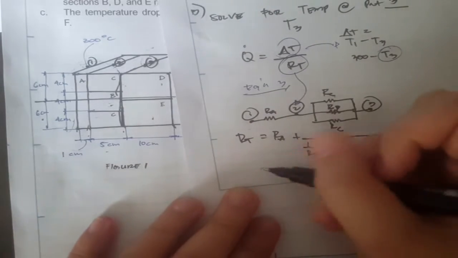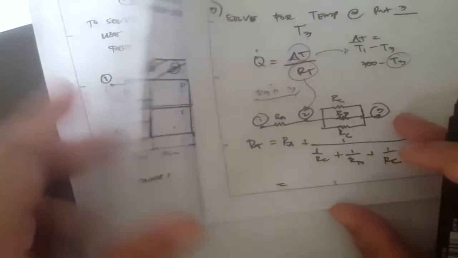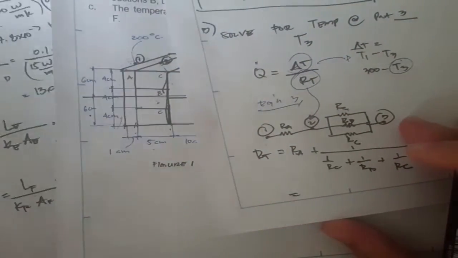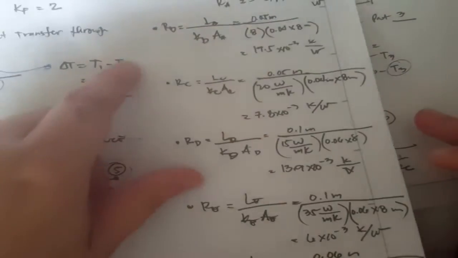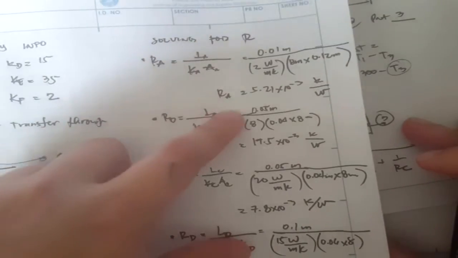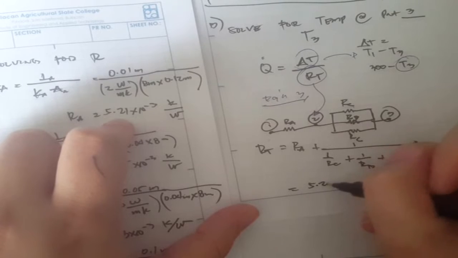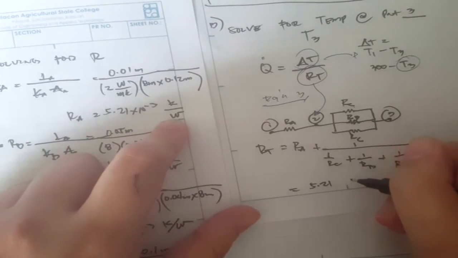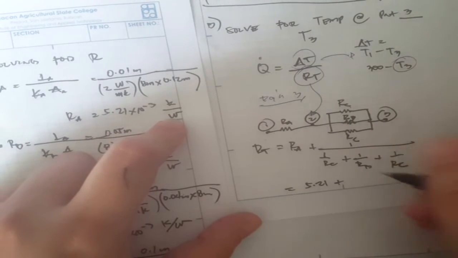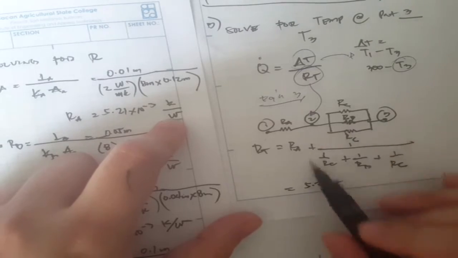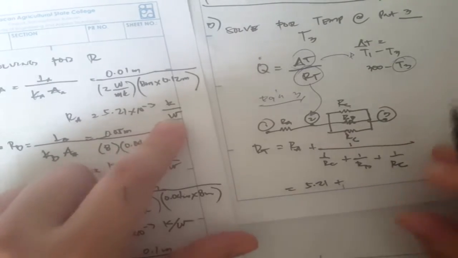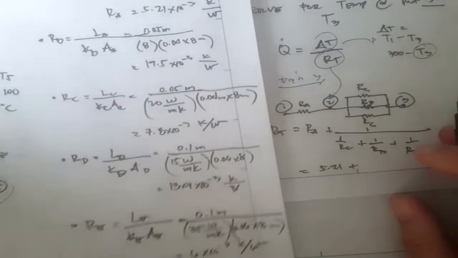Using this and going back to our computations last time, we already have the value of our RA, which is 5.21 times 10 to the negative 3, plus this whole parallel combination here.